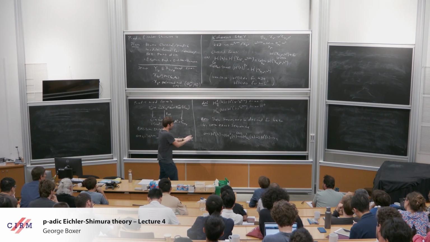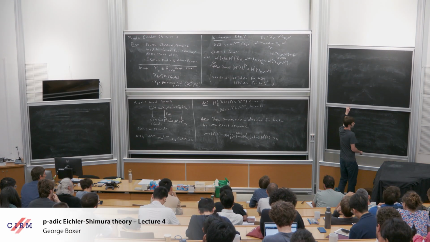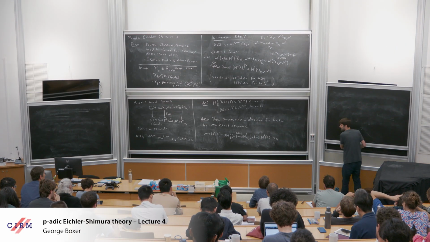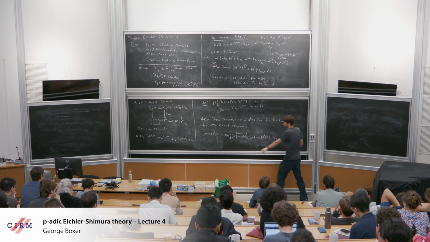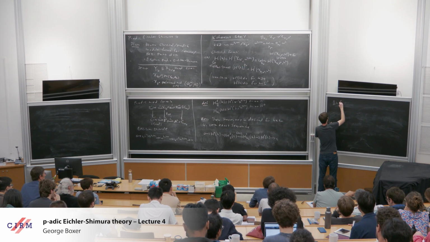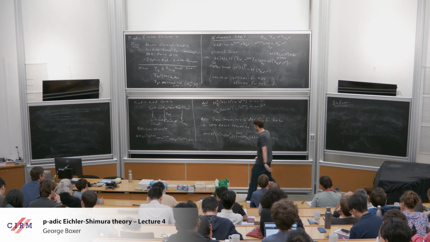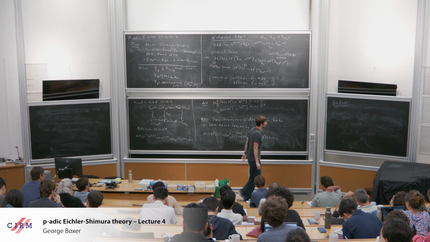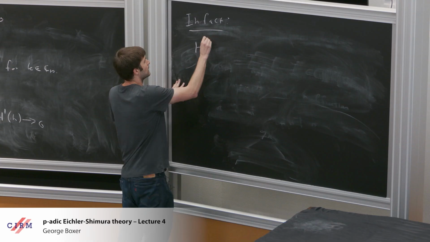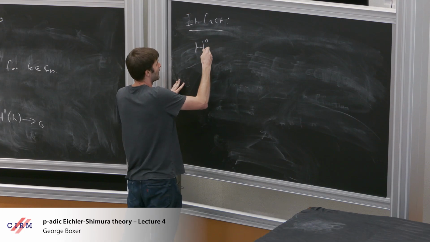Okay, so I want to quickly try to make these spaces seem slightly more concrete, and maybe I'll especially focus on this one. In fact, this space can be described in the following way, and it's really not hard from the definition.